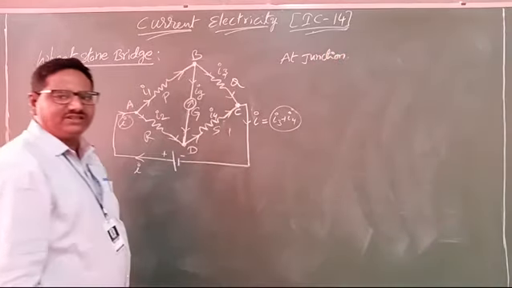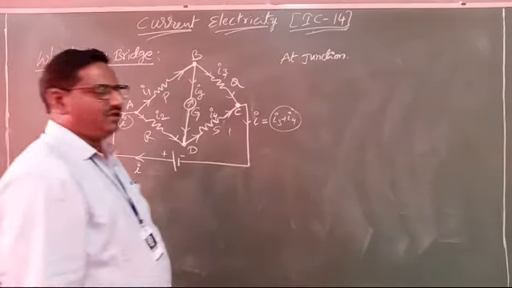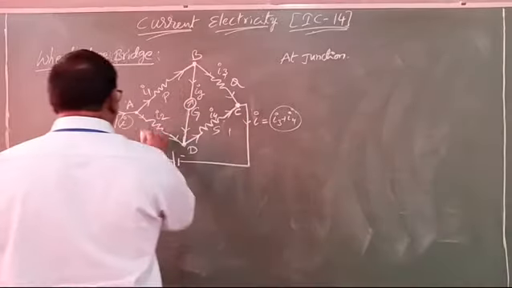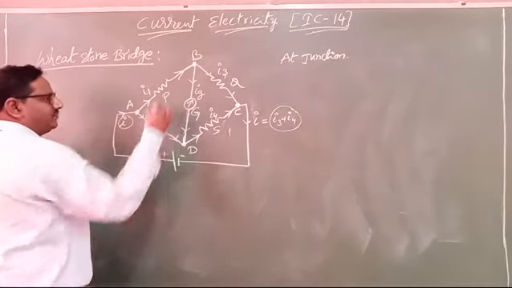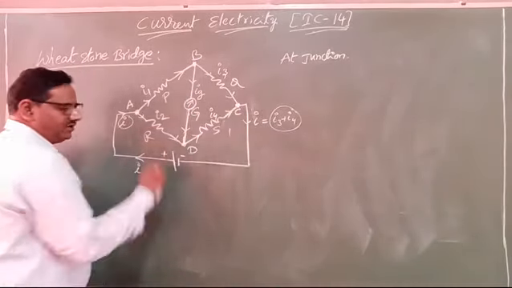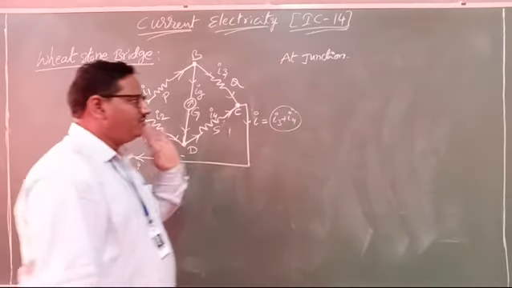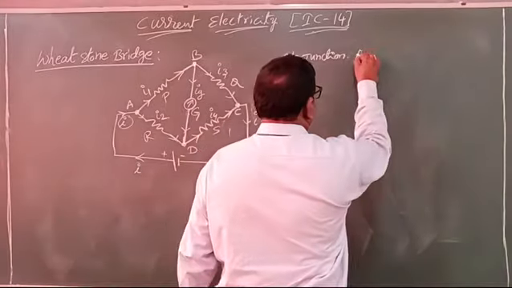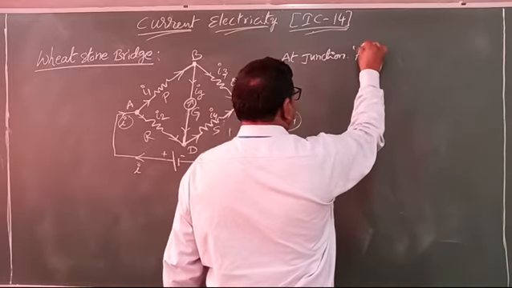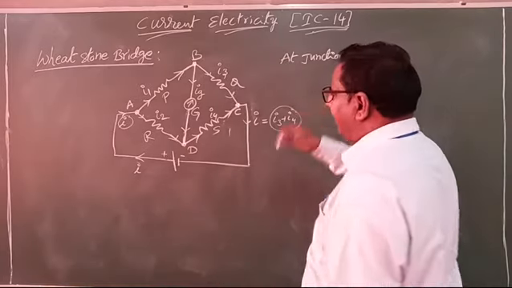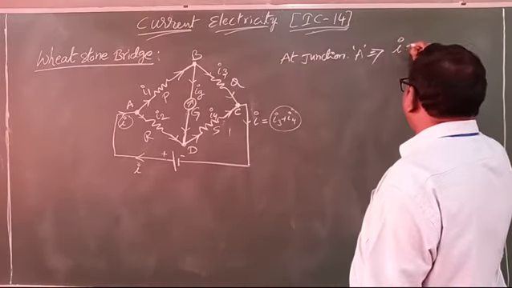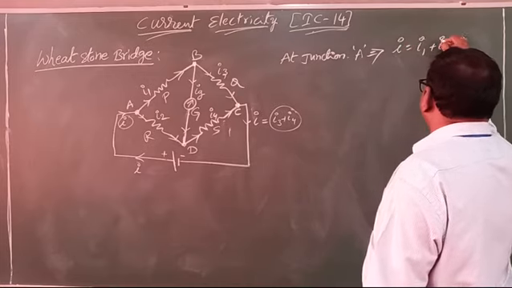Okay, I am applying Kirchhoff's first law at the junctions only. How many junctions are here? One is A, one more is B, C, D. Total four junctions. At junction A, what can you write? I will be split as I1 plus I2.